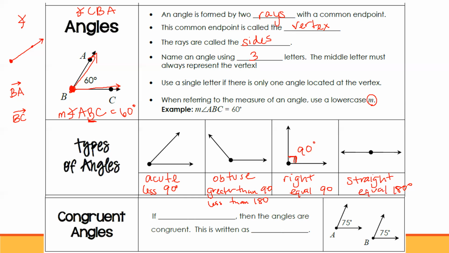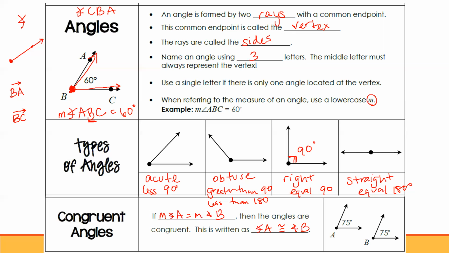All right, and then we're going to talk about congruent angles, and we're going to be talking about congruent angles all year long. Now, if the measure of two angles is equal, then we're going to say that those angles are congruent. So in my picture over here, if the measure of angle A is equal to the measure of angle B, then I can say that those angles are congruent, and I would say that angle A is congruent to angle B. So when we're talking about their measures, we're talking about a number, and numbers are equal.